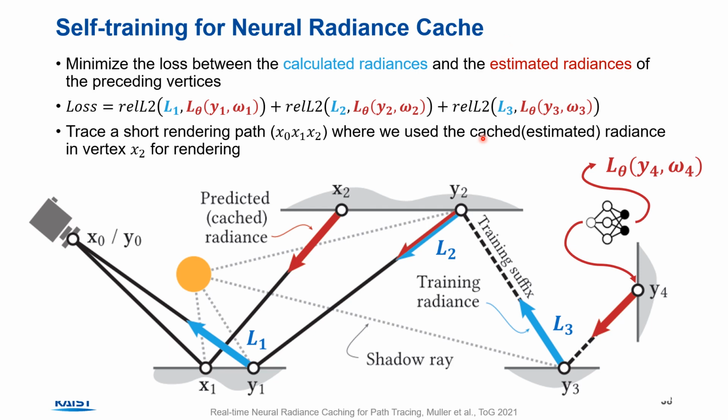And we can also directly estimate the outgoing radiances of Y3, Y2, and Y1 using the neural radiance cache, which will be the estimated radiances, the red ones. And this work trains to minimize the differences between these two as the loss equation here. And then when rendering, it simply estimates the radiance using the neural radiance cache as the x2 here.